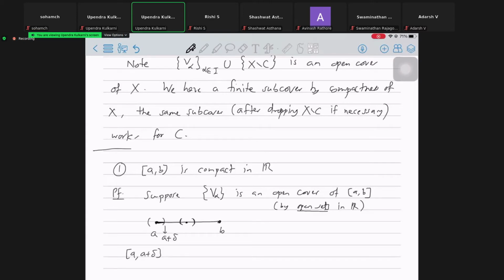Oops, that's wrong. Let's say that this is contained in some V1. So I take that V1 because I want to. Now what do I do?